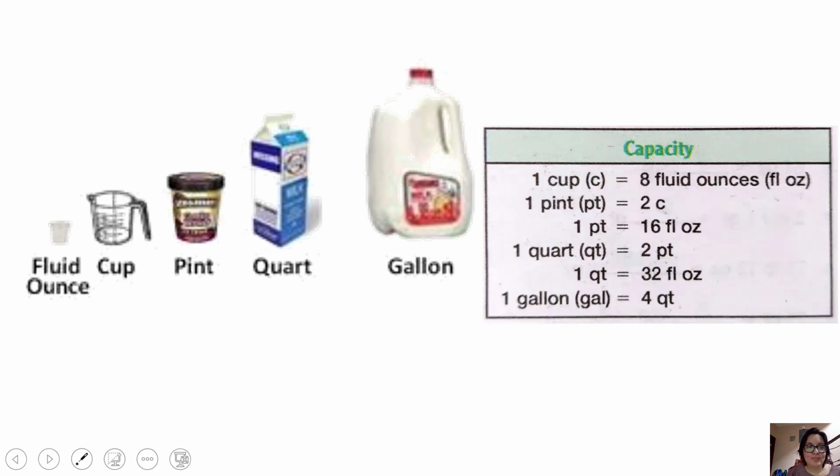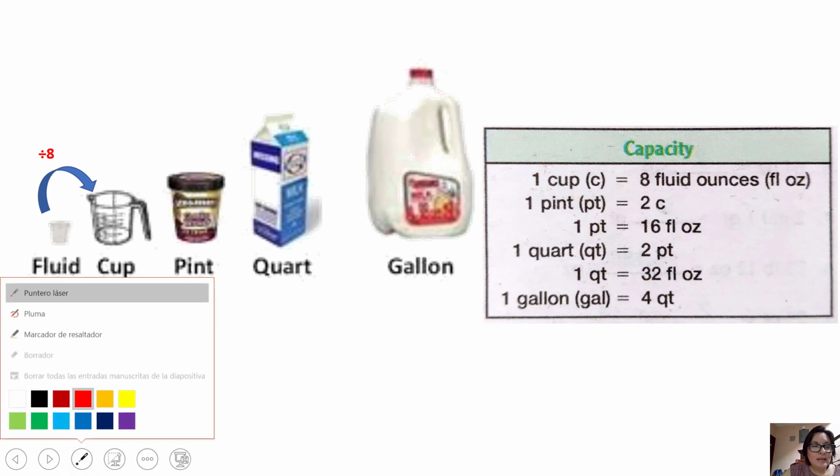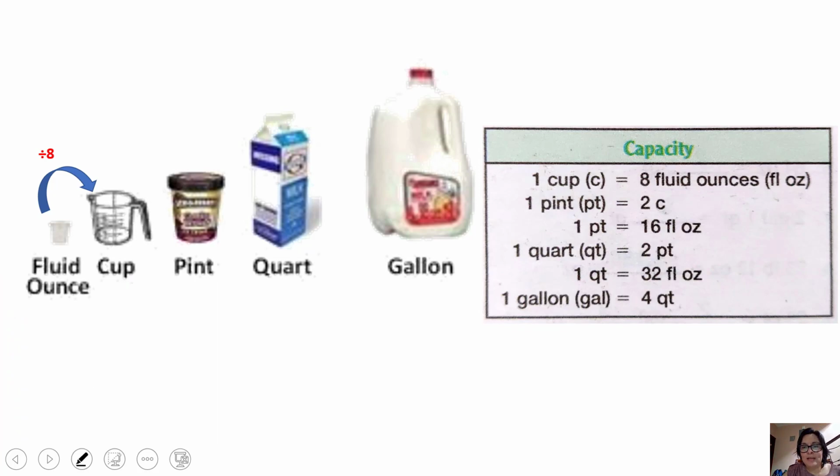For example, if we are changing fluid ounces to cups, we are changing from smaller to larger. So we have to divide by 8. Why by 8? Because in the formula we have that 1 cup has 8 fluid ounces.